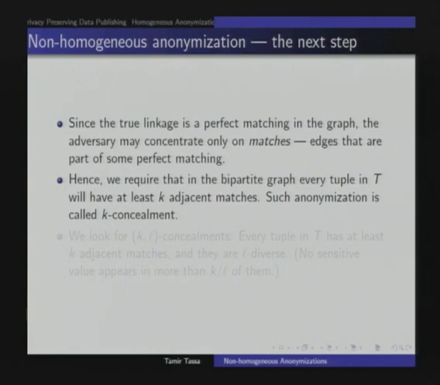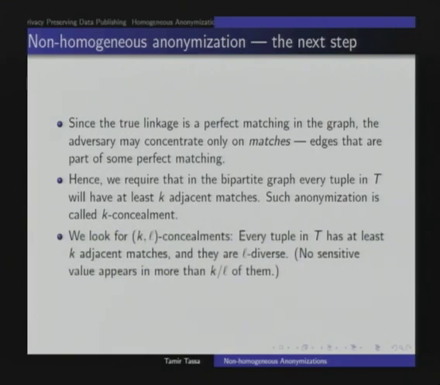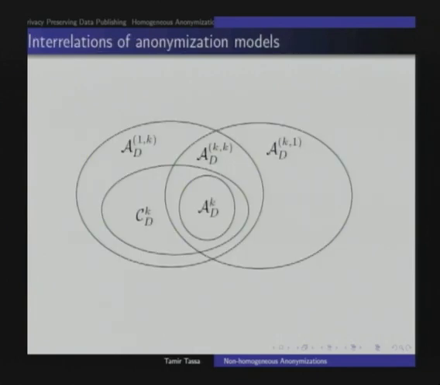We call such anonymizations k-concealment, and we looked for kℓ-concealments, namely to find an anonymization of the table in which every tuple in T has at least k adjacent matches, and that they are ℓ-diverse, namely no sensitive value appears in more than k over ℓ out of those matches. So this is our goal.